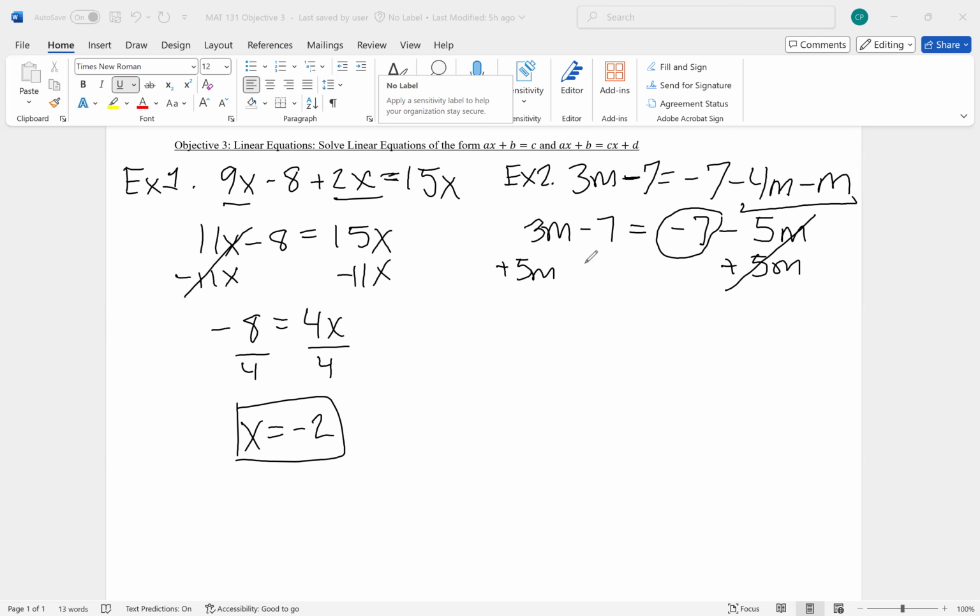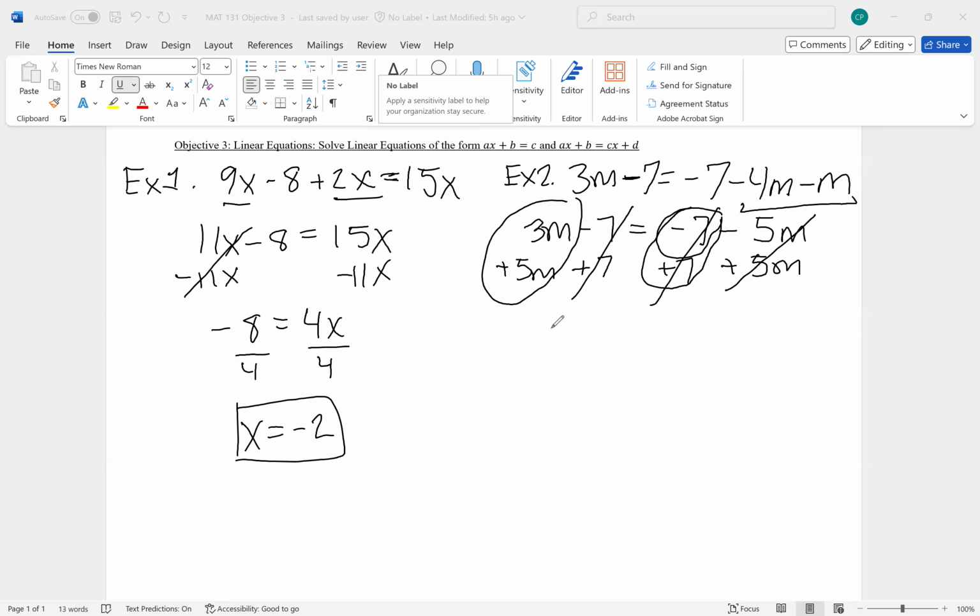So on this side, if we add 7, this will go away, okay? So we'll be left with 3m plus 5m, and it just so happens that the negative 7 plus 7 is going to go away as well, okay?